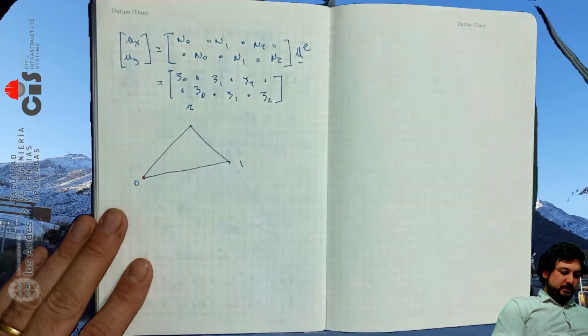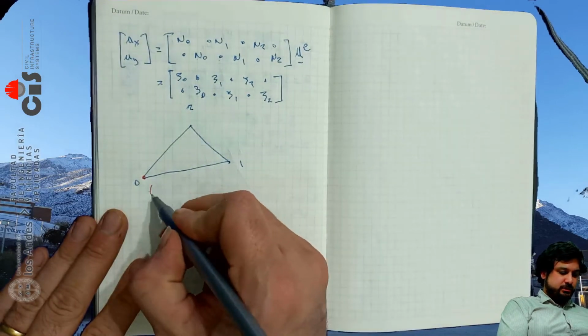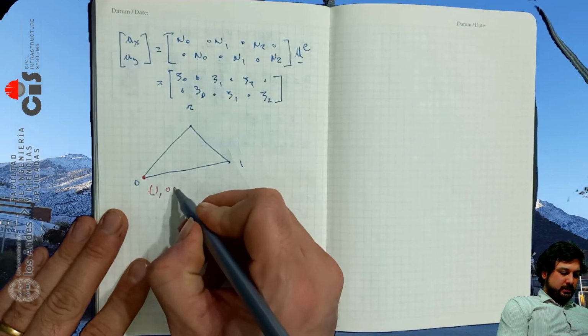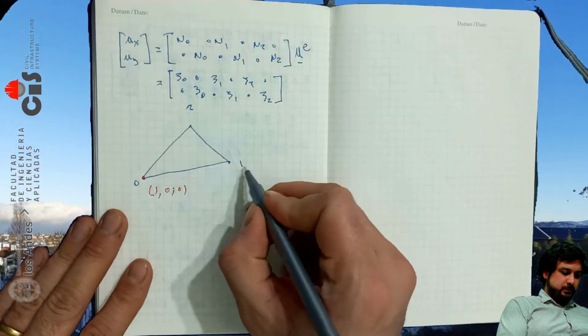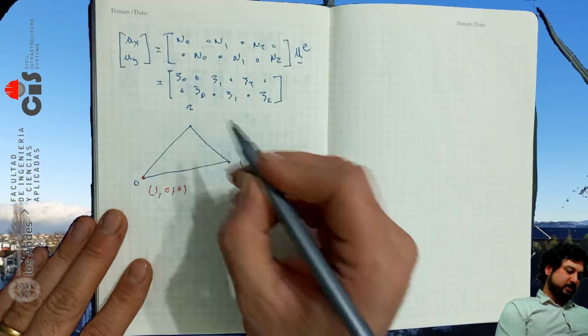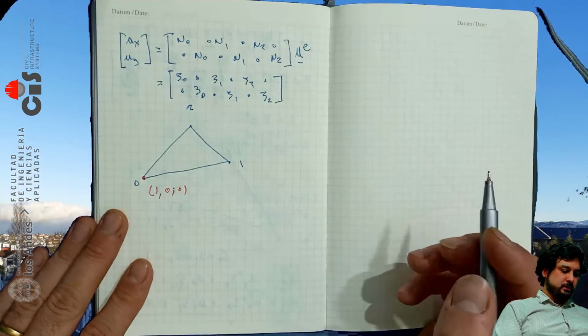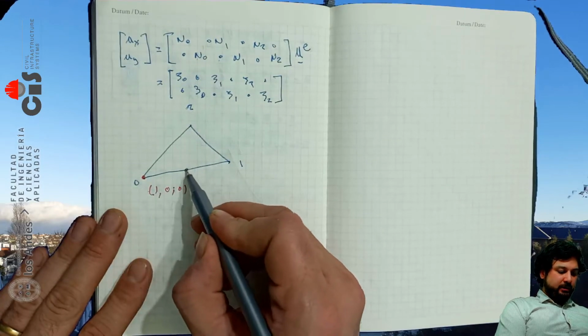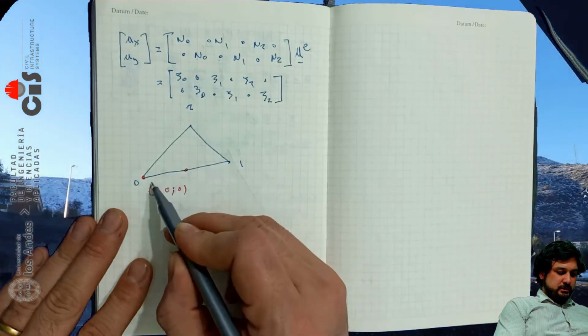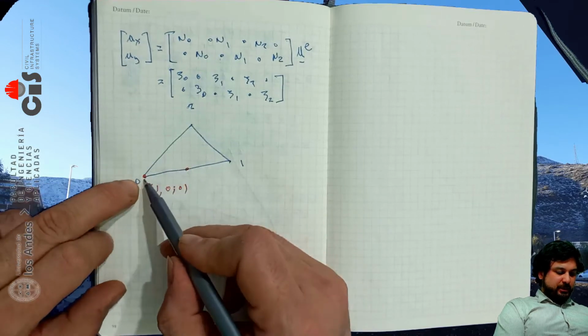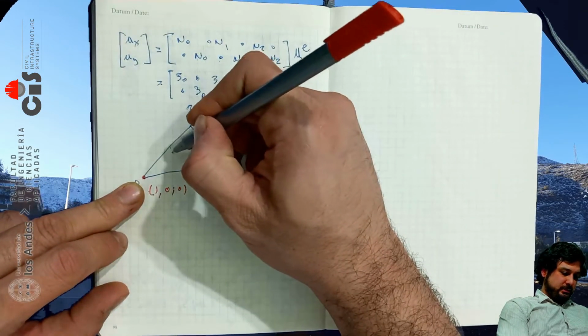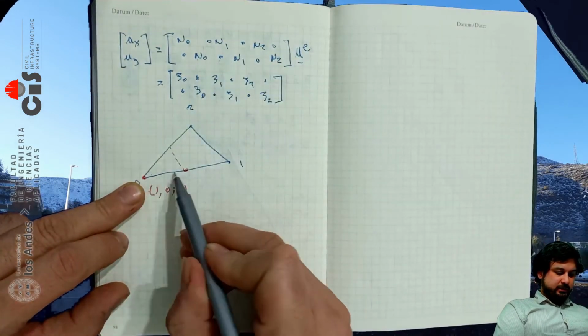So this point over here has coordinates 1, 0, 0. This one has 0, 1, 0, and this one has 0, 0, 1. A point that is halfway in this edge is going to be a point such that it intersects this line and this edge over here.